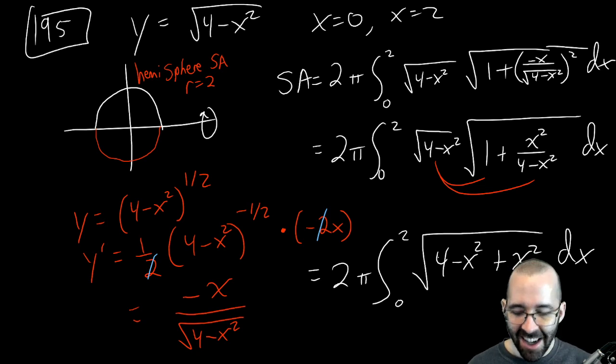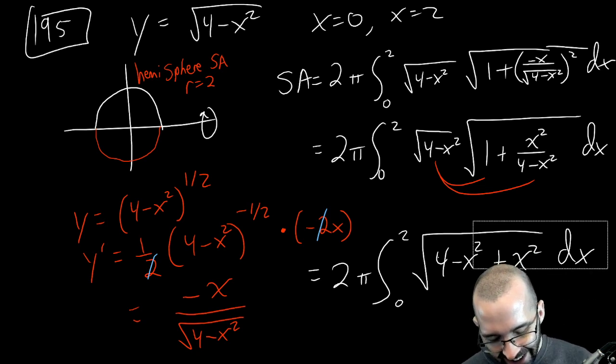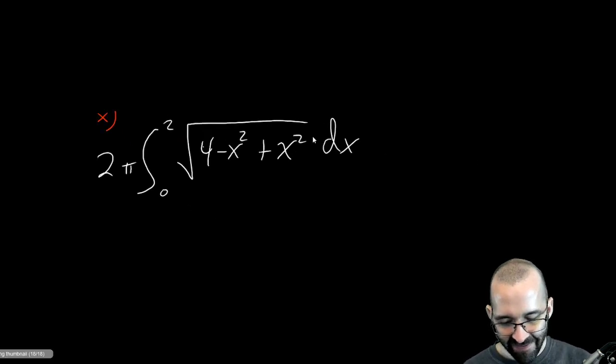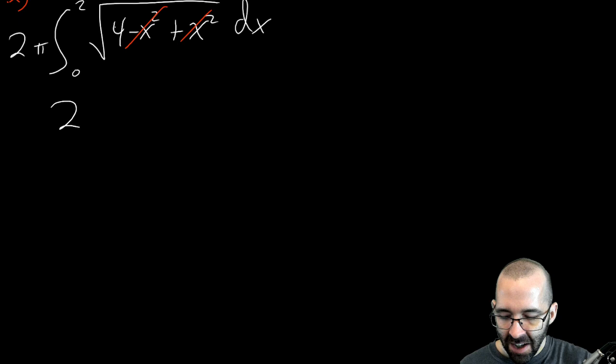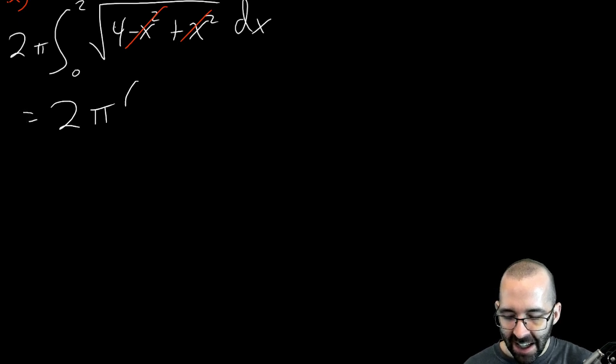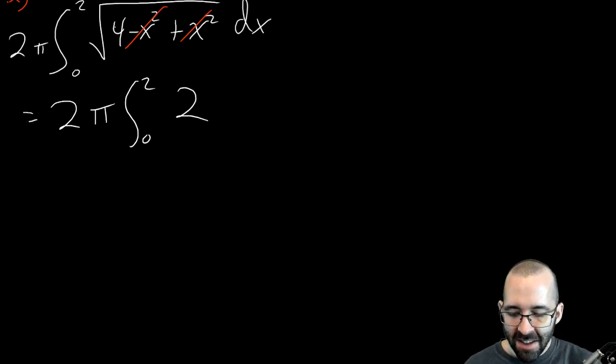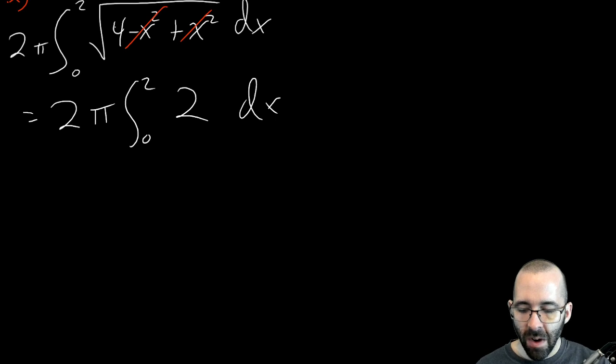Sorry, I got a little excited because look at this. We know what this is. Cancellation. It simplifies the inside. The integrand simplifies just to the square root of 4, which is 2.